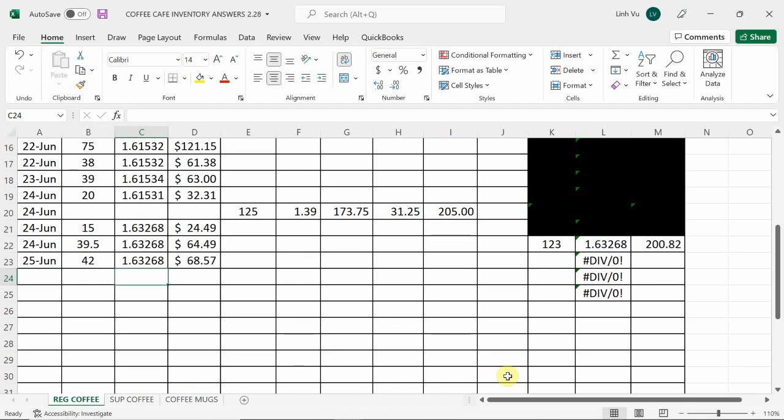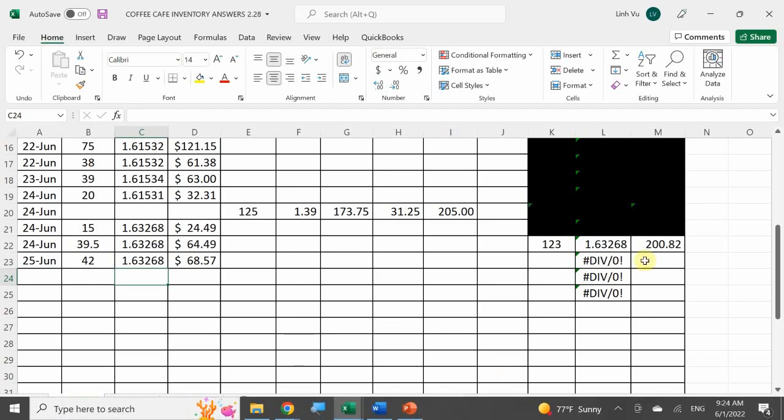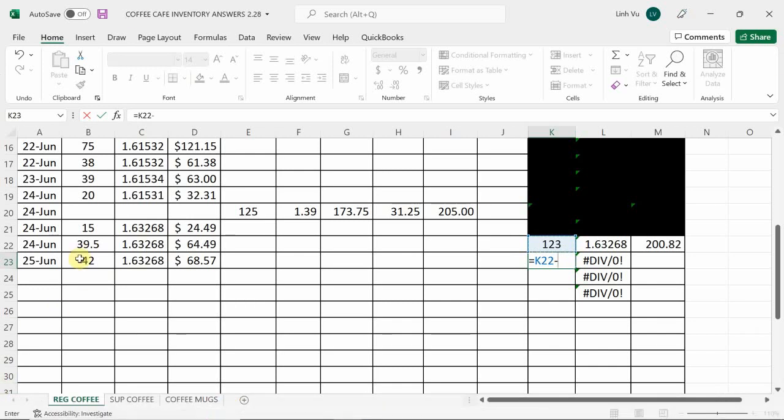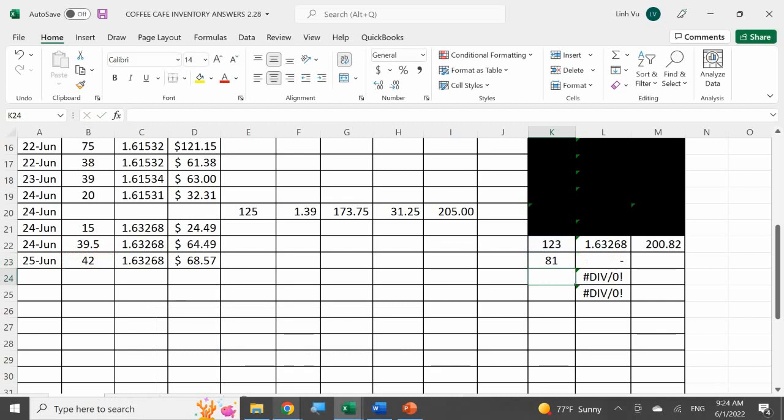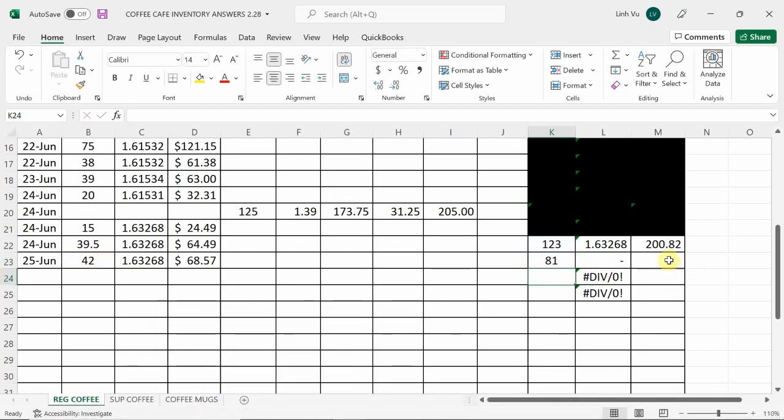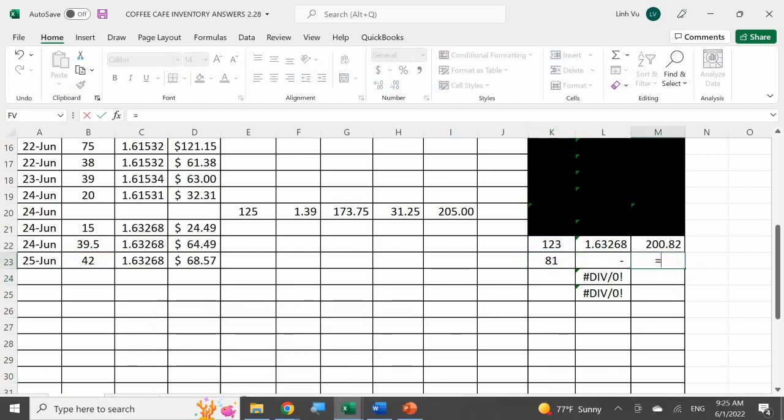It is going to do an equal round, and multiply my quantity times my cost per item, which gave me a total of $68.57. So in this case, what did I do? I used 42 pounds. That means I should have left over 81 pounds.